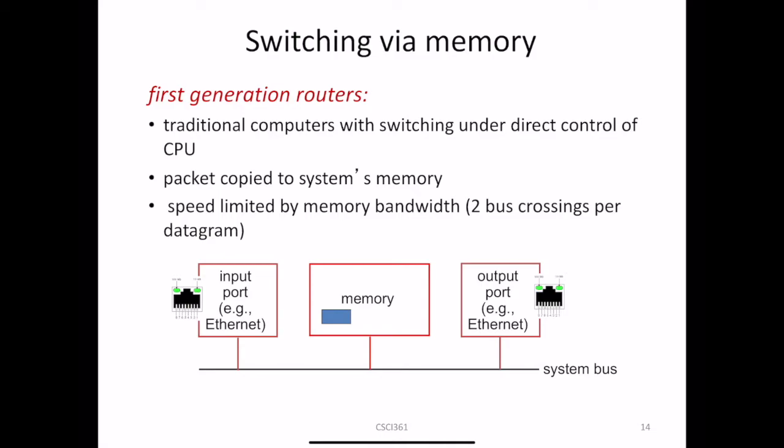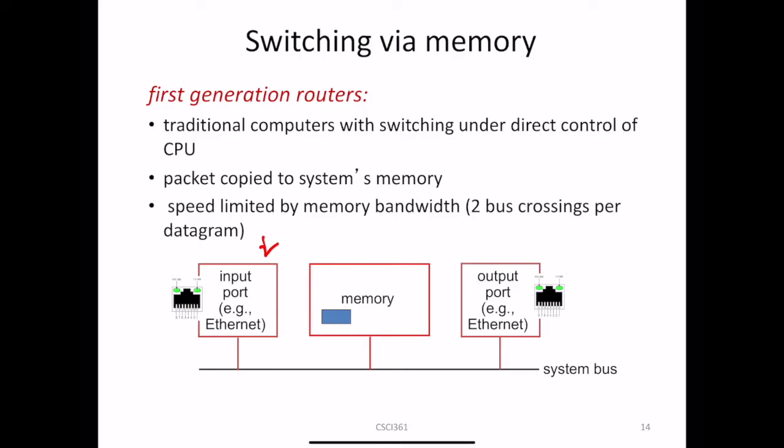And also, there are no local forwarding table copies stored in each input port. So that means each input port, after receiving a packet, must forward it to the routing processor and also through the memory to do the matching from the forwarding table and get the output link for each packet, and then out of the memory to deliver it to the output port.